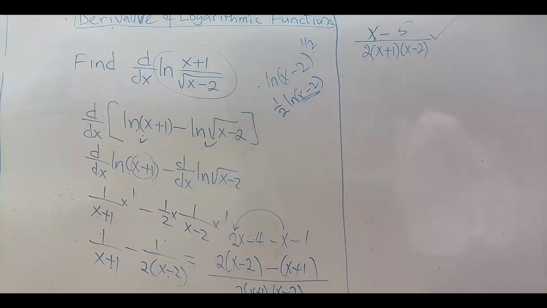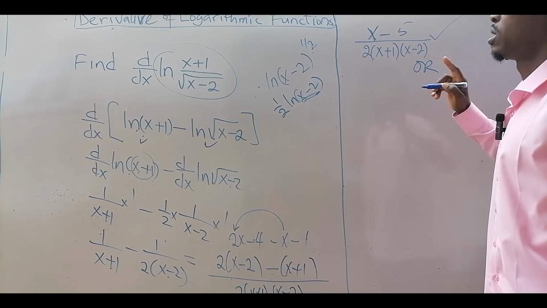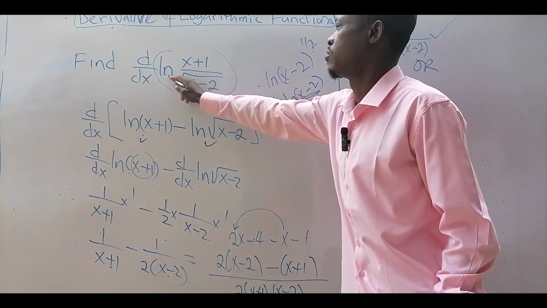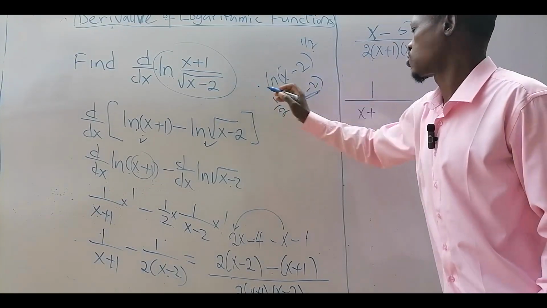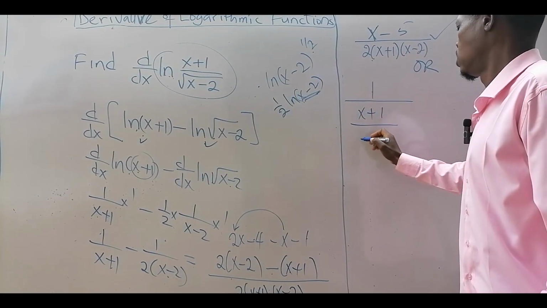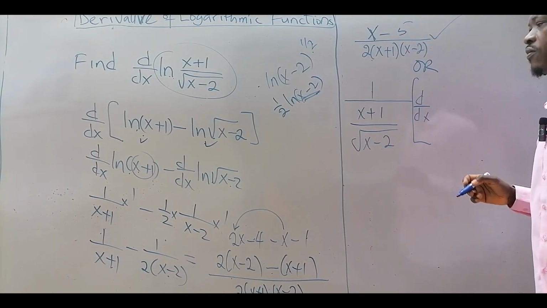We can also solve it in another way. Since it's a logarithm function, that will be 1 over the composite function, (x plus 1) over the square root of (x minus 2), times the derivative of the composite function.